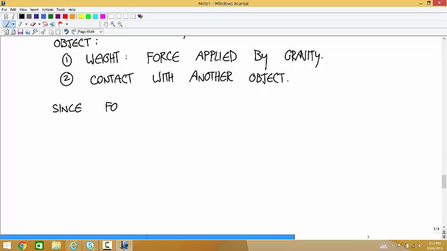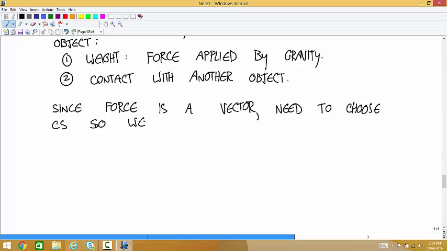Since force is a vector, we need to choose a coordinate system so we can express it as components.